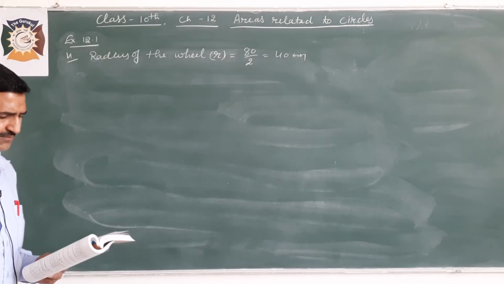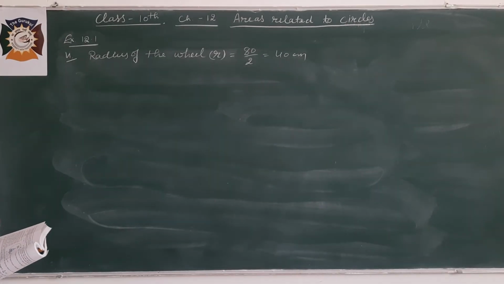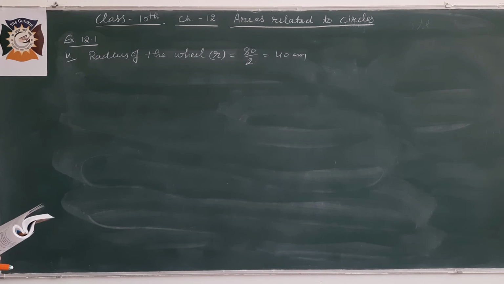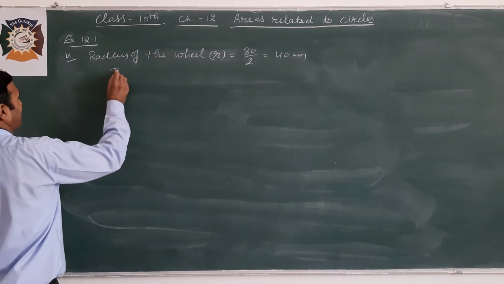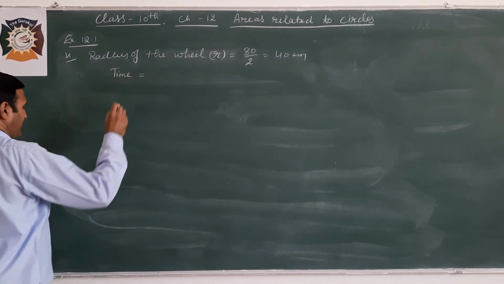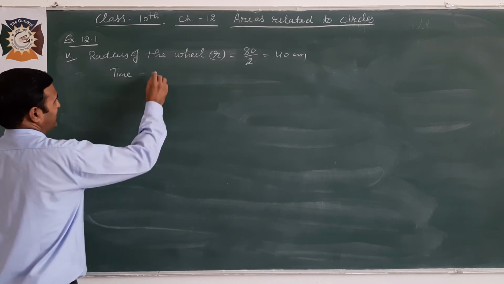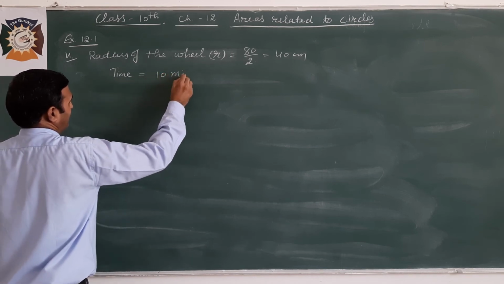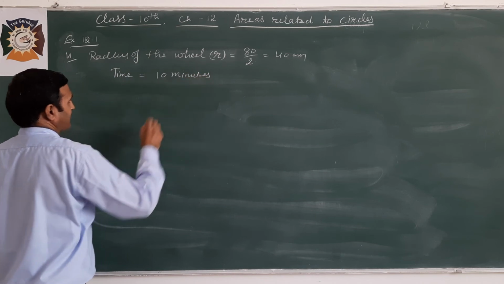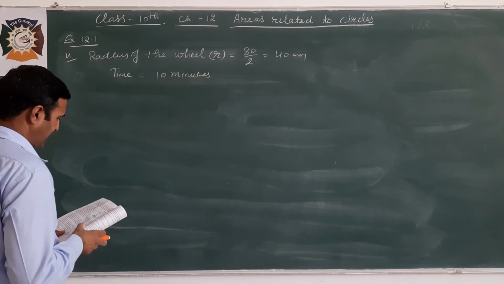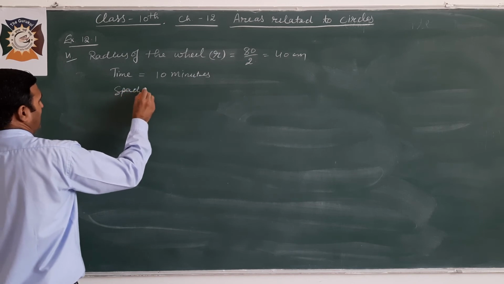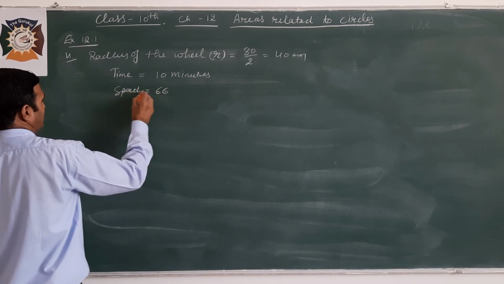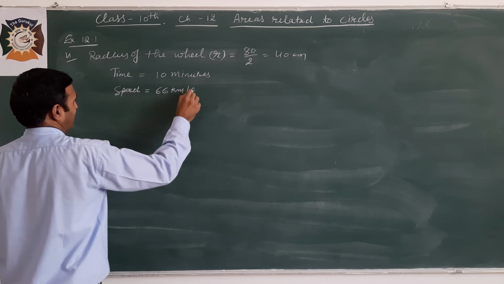How many complete revolutions does each wheel make in 10 minutes when the car is traveling at a speed of 66 km per hour? Time is given 10 minutes, and speed is 66 kilometer per hour.